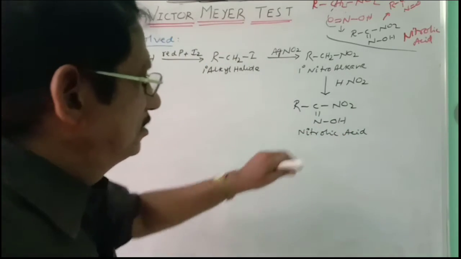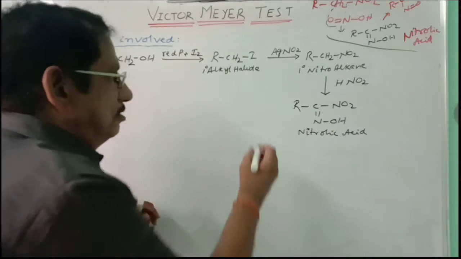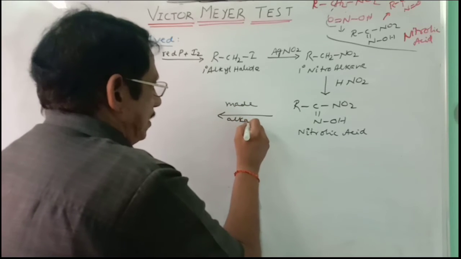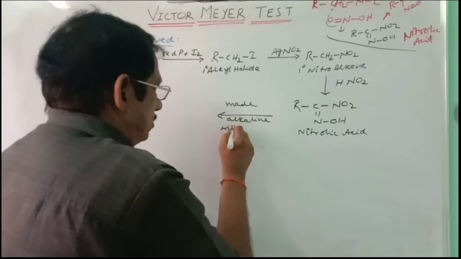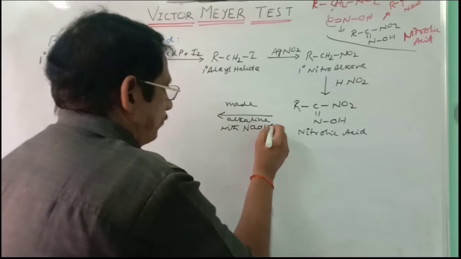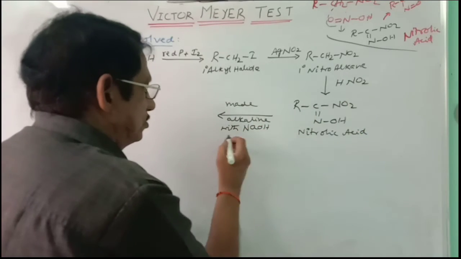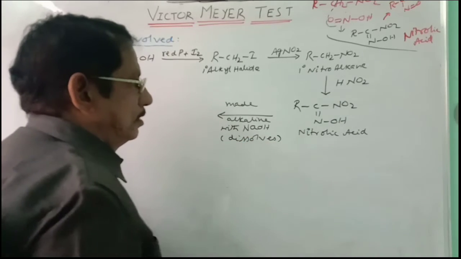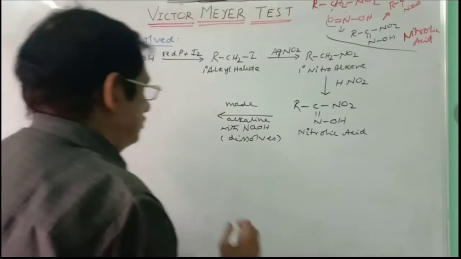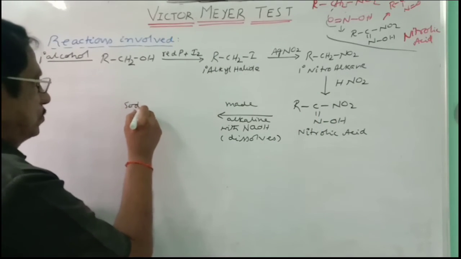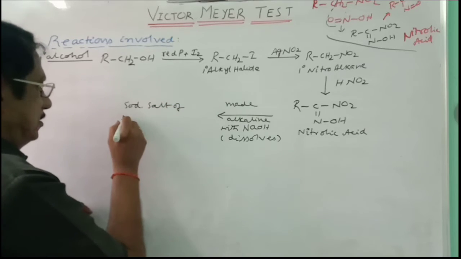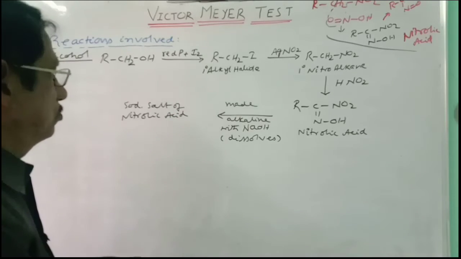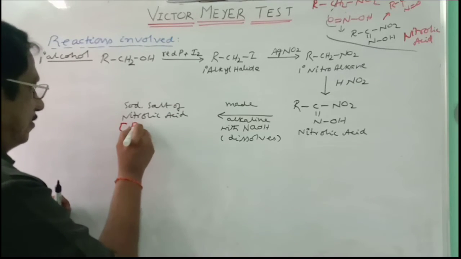Nitrolic acid has an acidic character, and so when it is made alkaline with NaOH, simply this acidic hydrogen is present, so this dissolves, giving you the sodium salt of nitrolic acid. And this sodium salt of nitrolic acid is red in color.